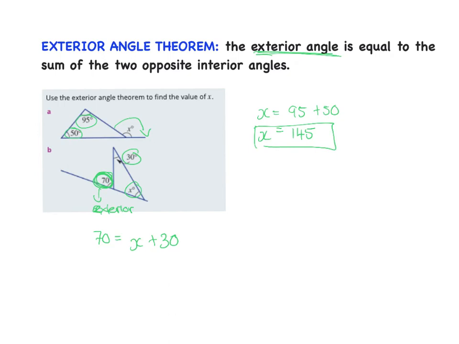Yeah, so if we want to find out what x is, we want to move this over that side. If you move something over an equal side, what does it do? It does the opposite. So what's the opposite to plussing? Minusing. Good. So you got x equals 70 minus 30, so you got 40 equals x. Or you can simply just think about what do you add to 30 to get 70. That's okay too. All right.